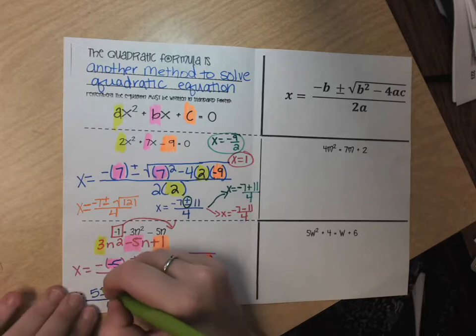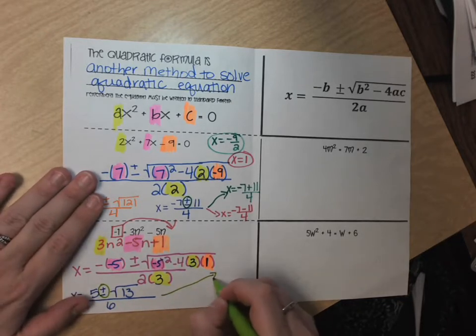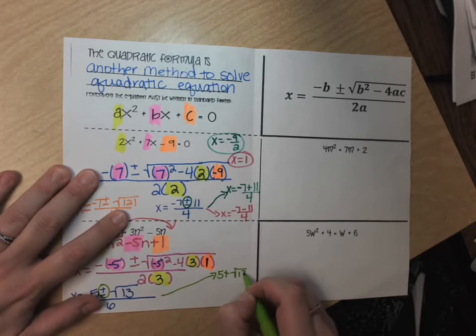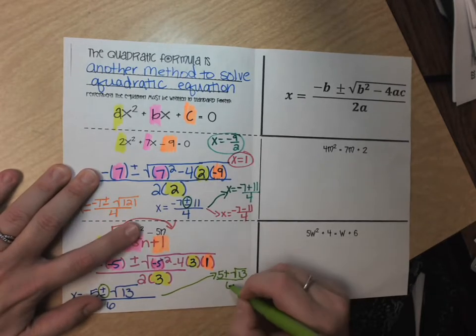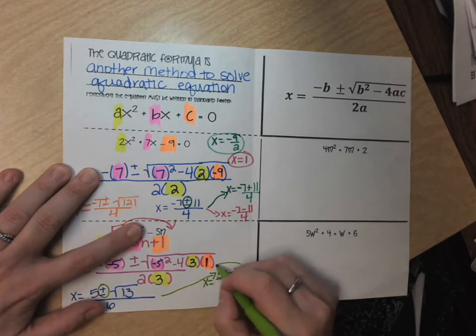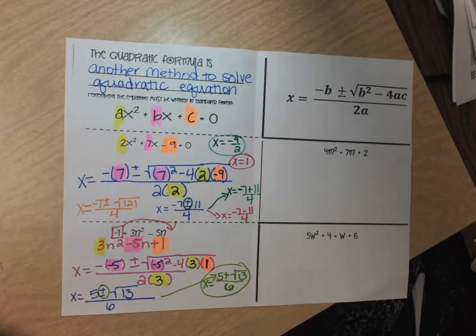Just like on the last one, we've got to split it apart because we've got a positive square root of 13 and a negative square root of 13. So let's do the positive first. 5 plus square root of 13 over 6. This can't go anymore because we just talked about how the square root of 13 has no other factors.